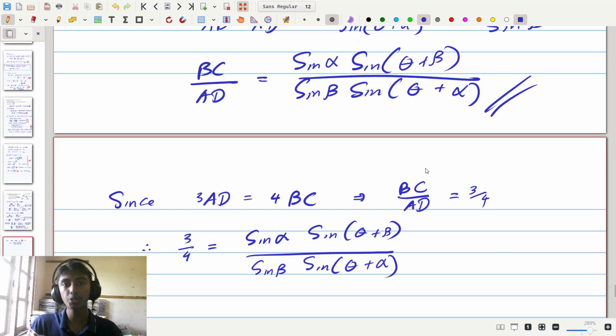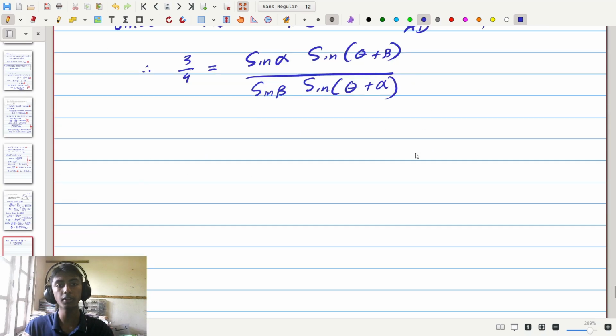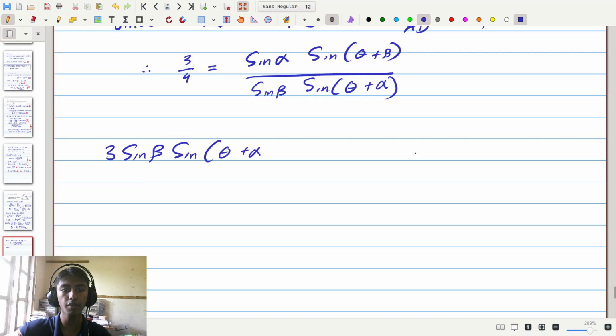So now in order to turn this into the expression that we want, I'm going to cross multiply, and then I'm going to get that 3 times the sine of beta times the sine of theta plus alpha is equal to 4 times the sine of alpha times the sine of theta plus beta.